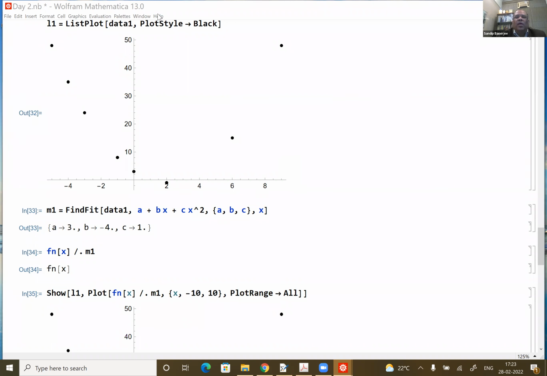Then find fit data one function. Oh, okay, yes. So here, this B and X, it is taking as one. So there has to be a gap between B and X.